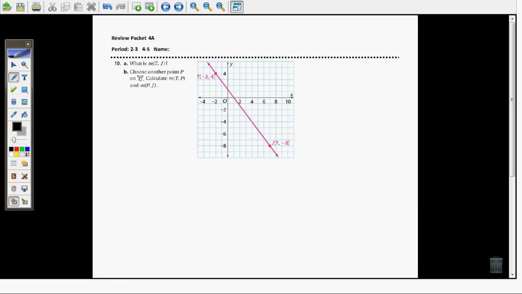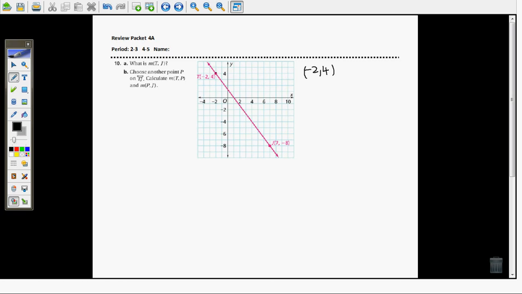Problem 10. What is the slope between T and I? Obviously you go down some number from 2, and then you go to the right. So you can find it that way, or you can do change in y over change in x.